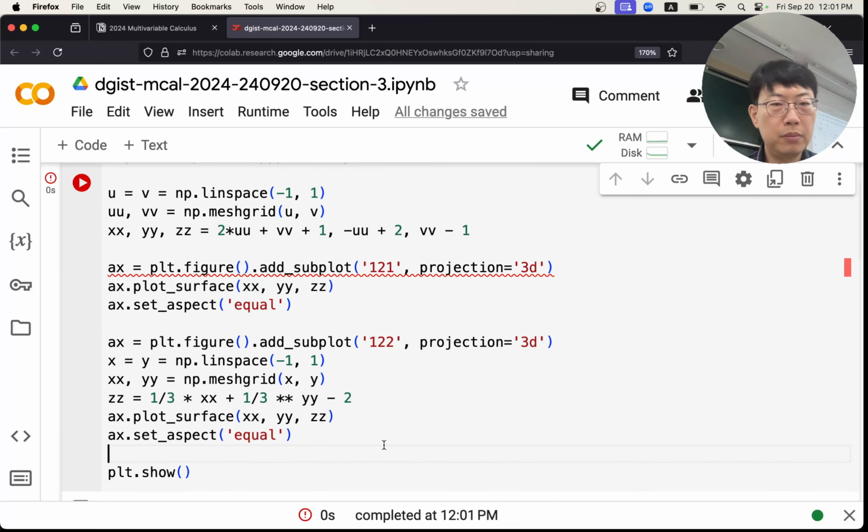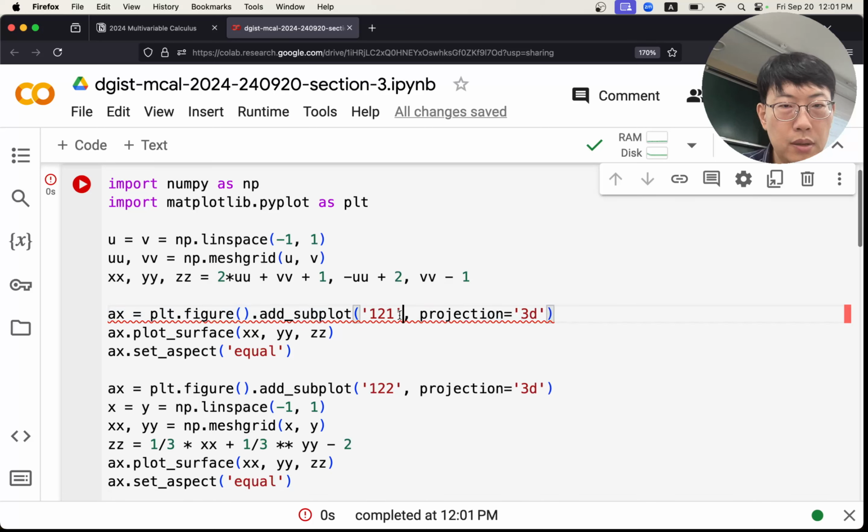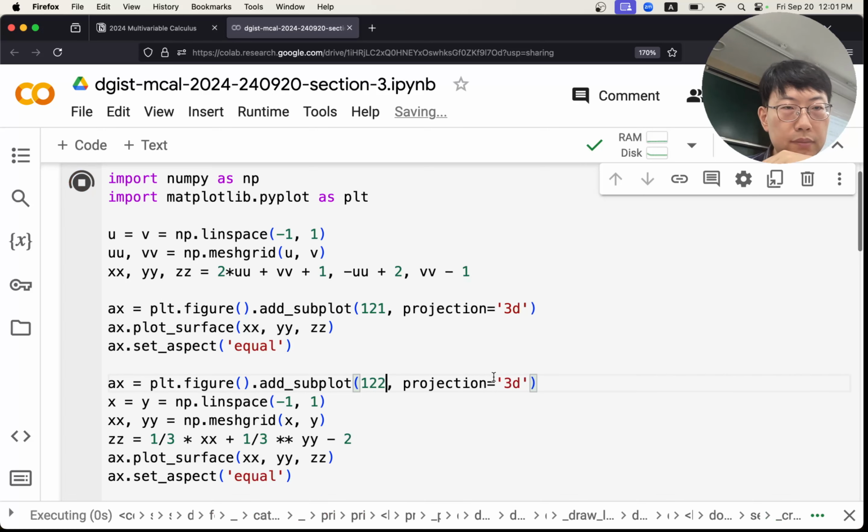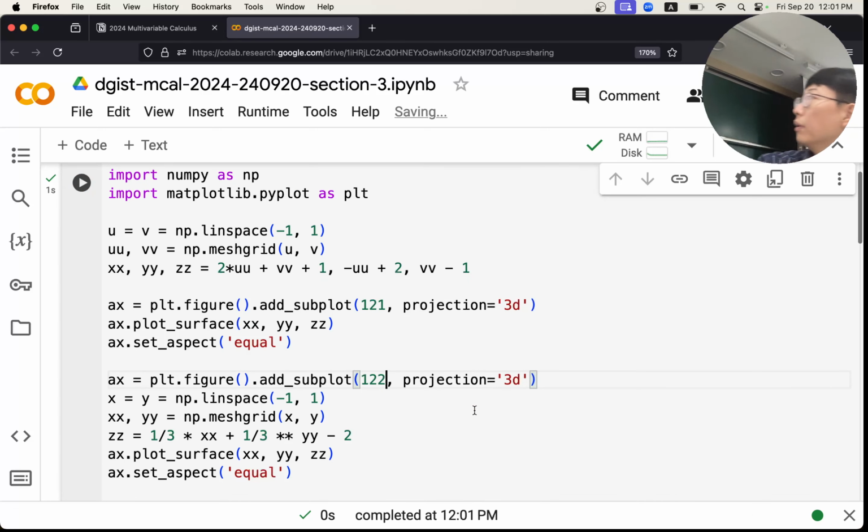But now, oh, by the way, this is not a string. I think it's just a number. Yeah. So 1-to-1 means that it's a 1 row, 2 column figure with the first figure, and 1-to-2 means that it's 1 row, 2 figures, and we are looking at the second figure.